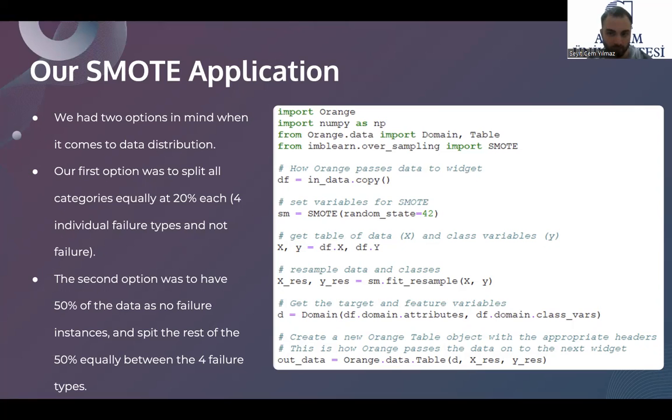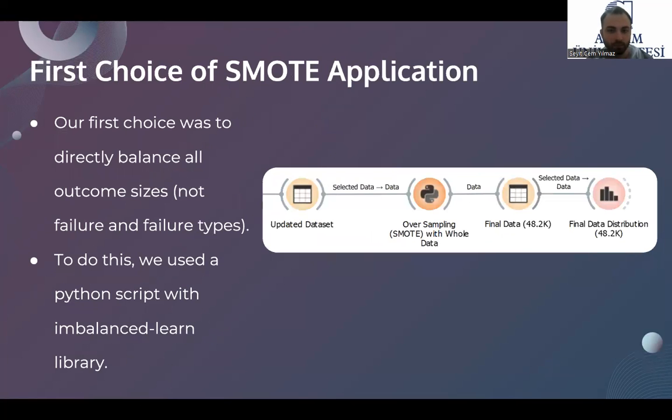The 50% failure data is distributed between failure data types.